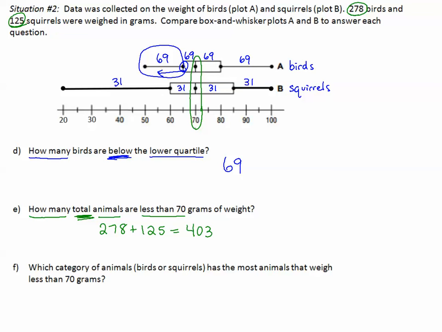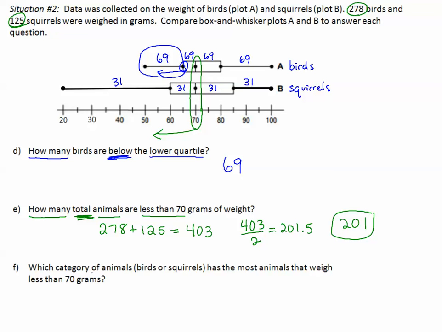So below or less than 70 would be 50% or half of the data because half of the data is above 70. So the total animals divided by 2 is 201.5. So there are 201 total animals less than 70 in the lower half. There would be 201 in the upper half, and 1 would be on the median.